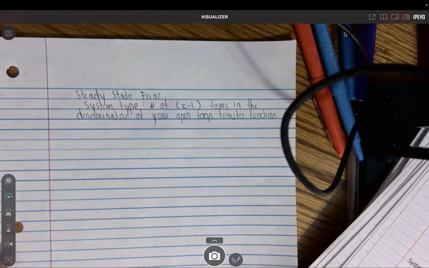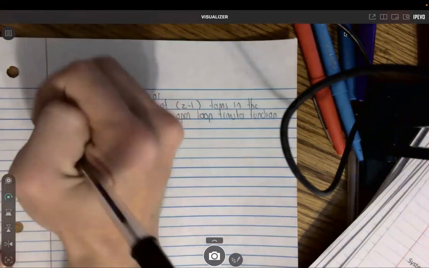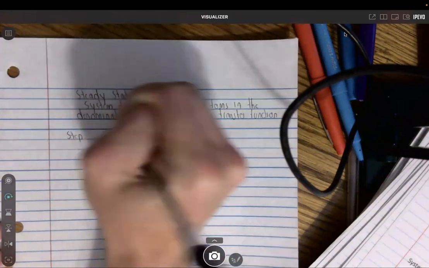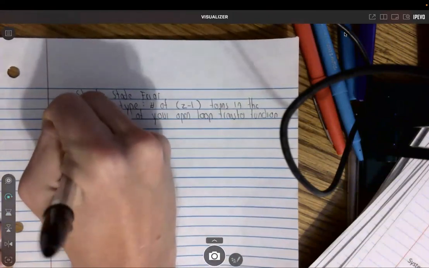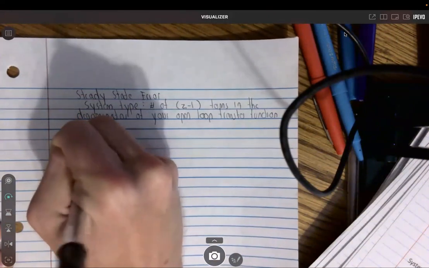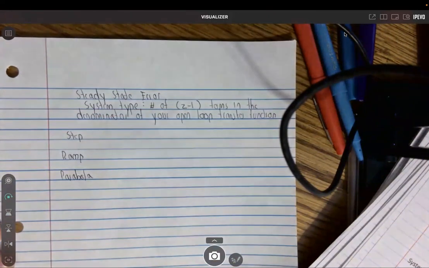A lot of times when we have steady state error, we define it for a step input, then one for a ramp, and then one for a parabola. We see this for type 0, type 1, and type 2.